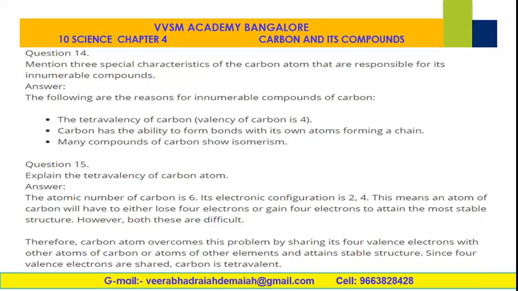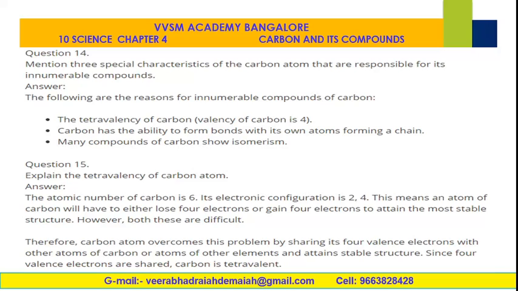Okay. Question number 15. Explain the tetravalency of the carbon atom. The atomic number of carbon is 6. Its electronic configuration is 2, 4. This means a carbon atom would have to either lose 4 electrons or gain 4 electrons to attain the most stable configuration. However, both of these are difficult.